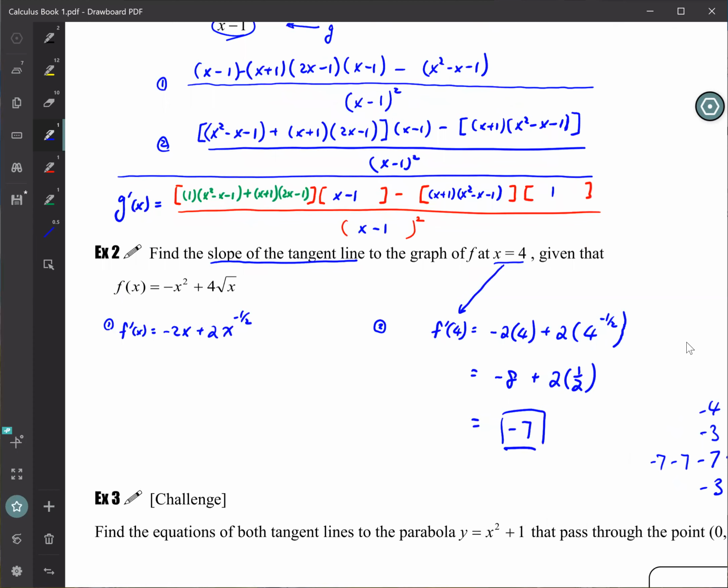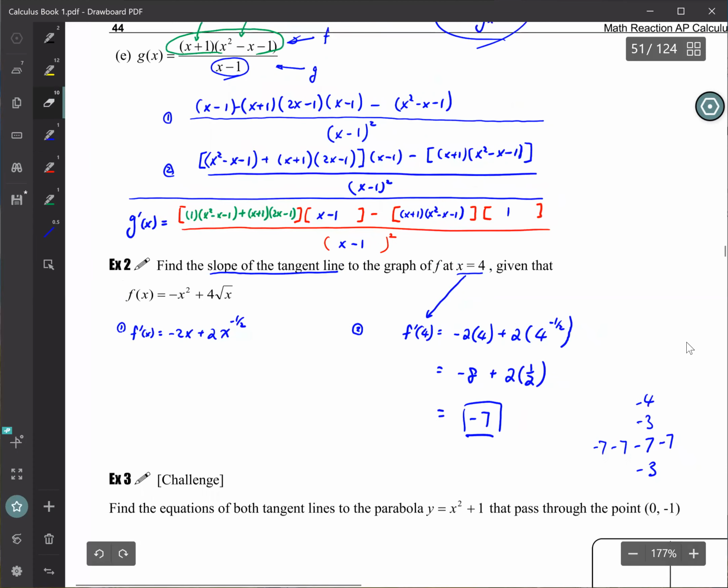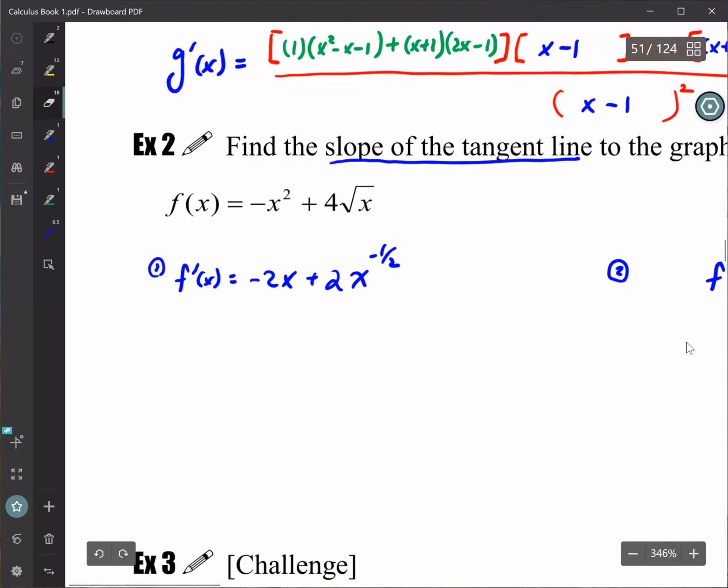How about Leon? What did you do? I think for the first part, for the x to the power of negative half, I just wrote it at the bottom. So it would be like the numerator over root x? I wrote negative 2x plus 2 over root x.